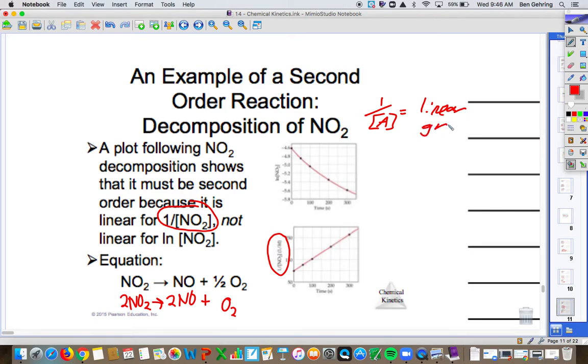So second order is 1 over the concentration equals a linear graph, as opposed to the natural log of the concentration, as in first order. Okay, but that is second order information thus far.